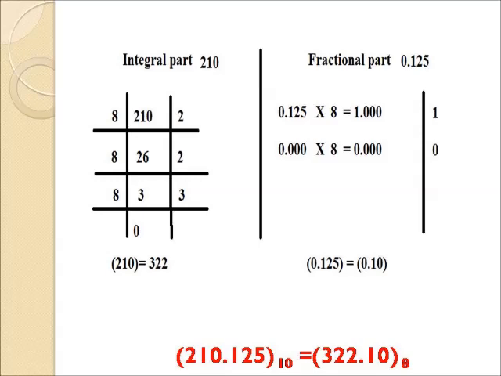Now you look into the fractional part. In the fractional part, you can see that 0.125 is the fractional part. 0.125 into 8 will give you 1.00. Here we separate the integral part of the intermediate result, that is 1.